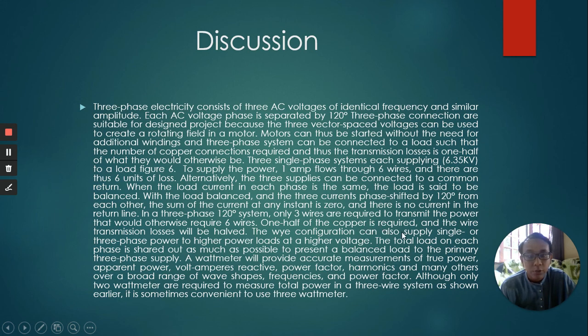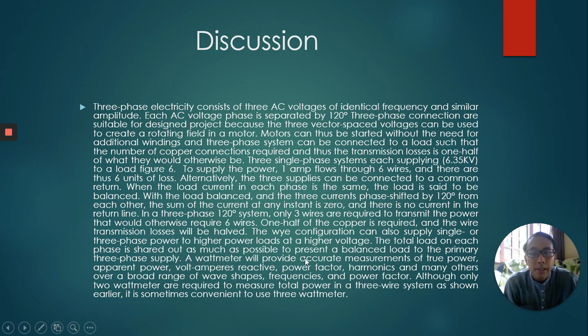The configuration can also supply single or three-phase to higher power loads at high voltage. The total load on each phase is shared out as much as possible to present a balanced load to the primary three-phase supply.